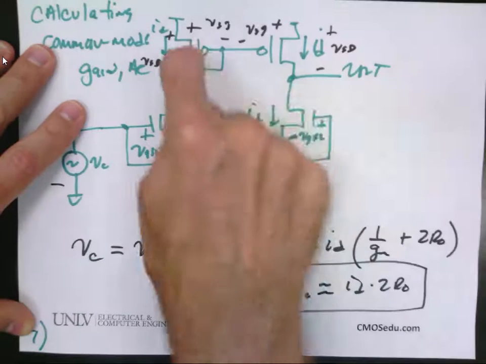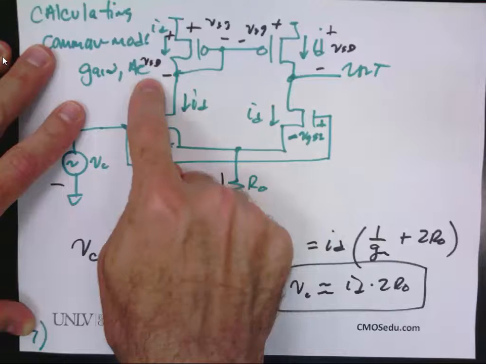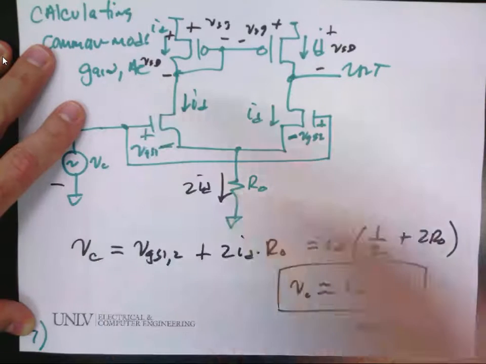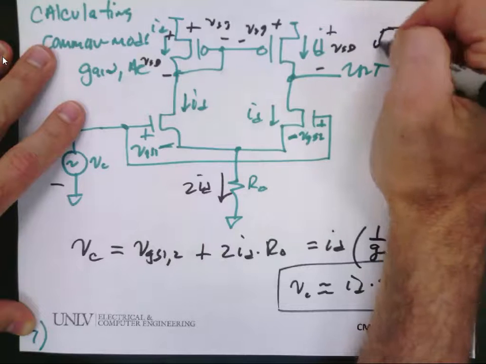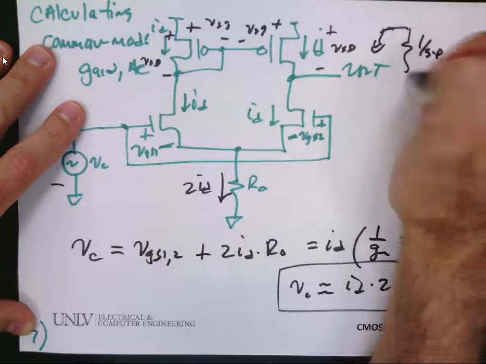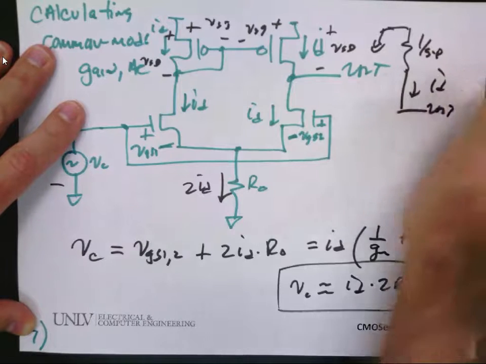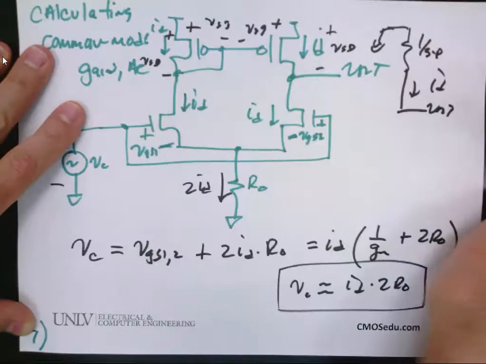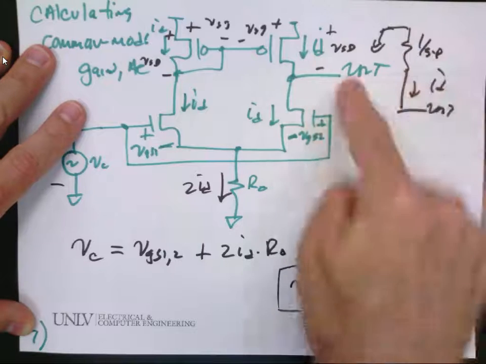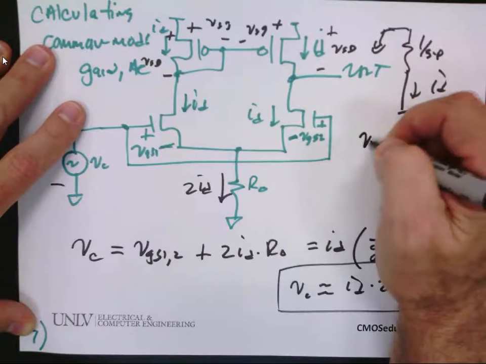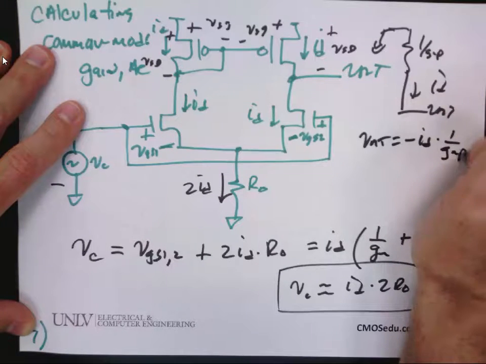The IDs are the same, the VSGs are the same, then the VSDs have to be the same. But hey, this is just a resistance of 1 over GMP. The current that's flowing through there is ID. So because of the symmetry, does everybody follow that? You can prove it in SPICE. This V out has to be minus ID times 1 over GMP.